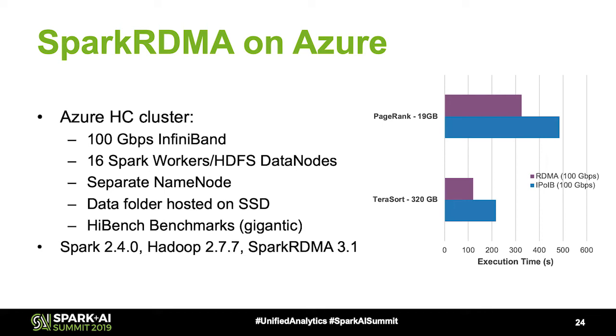Even though these are not really apples-to-apples comparisons, just because the software versions have changed and the data is allocated on SSD here, where in the previous experiment it was on memory. So minor differences are there, but overall the numbers are getting even better on the new SKUs.